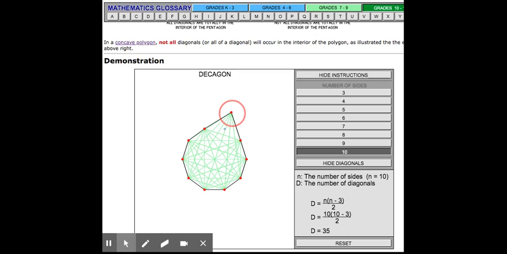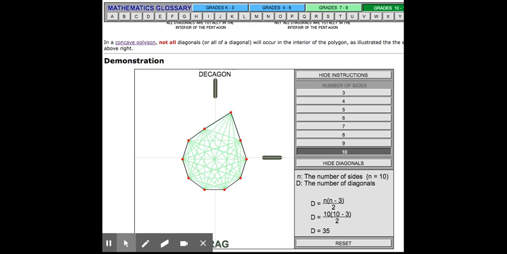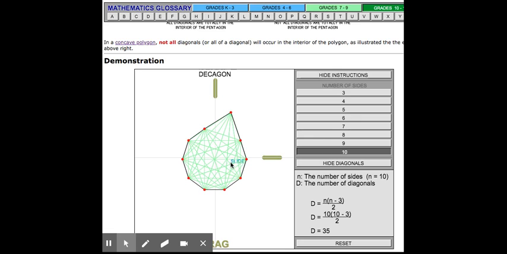Now we just have a decagon because all of our interior angles are less than 180 degrees. But look at the network of all the diagonals. If you have a 10-sided polygon, you get 35 diagonals. That's quite a network to have.